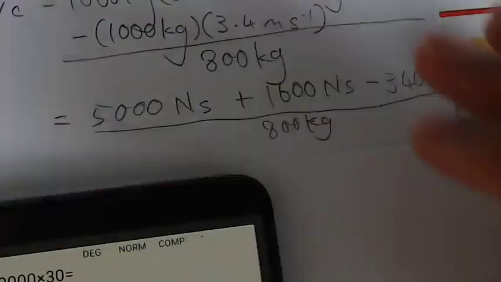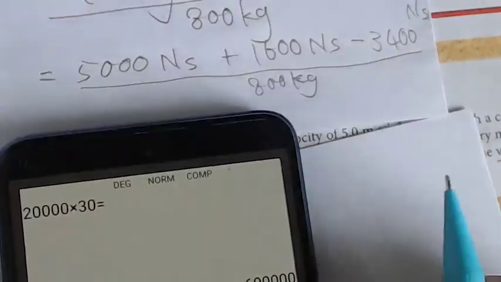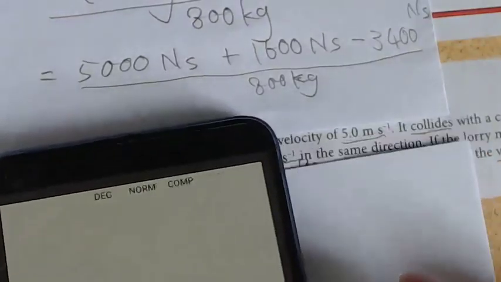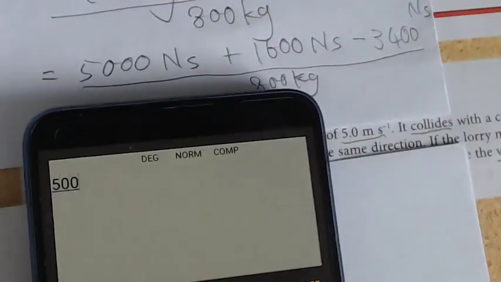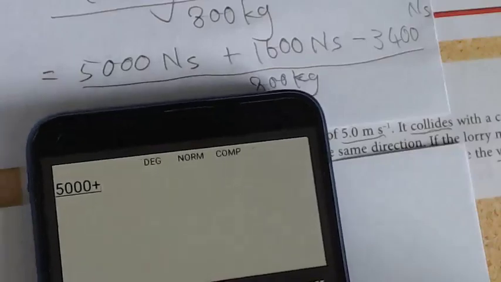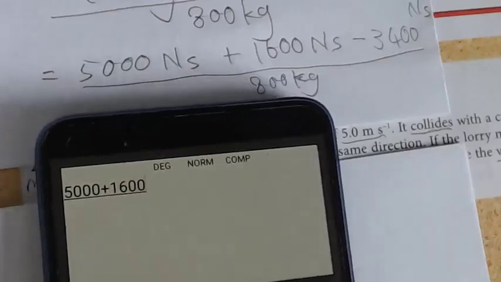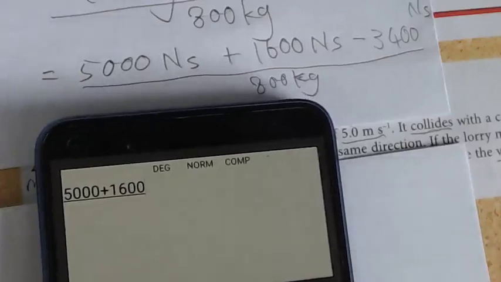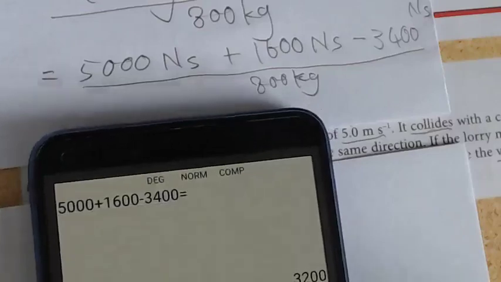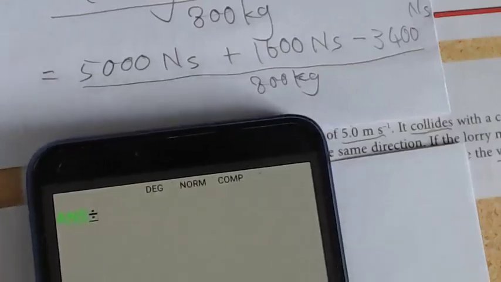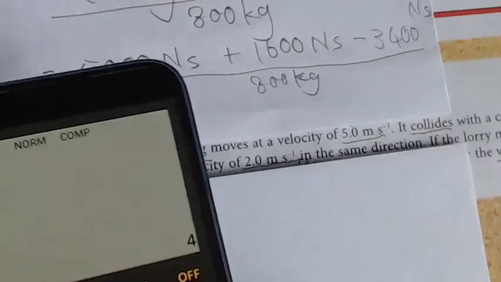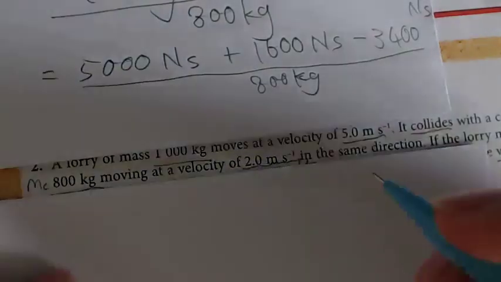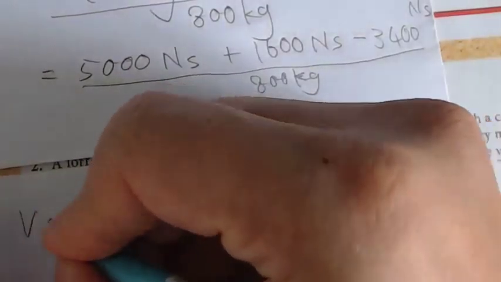Simple things you can count in your mind only, but if complicated, do not mess up your mind, just have the calculator do the job for you. 5000 plus 1600 minus 3400, divide by 800 kilogram, and all that is left is 4.